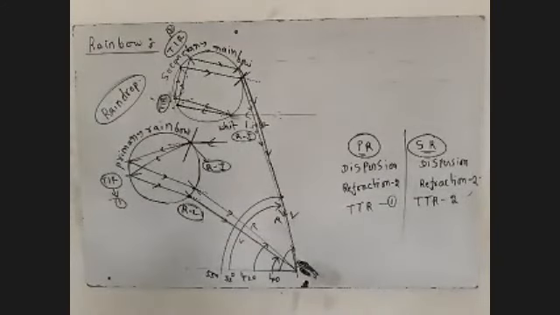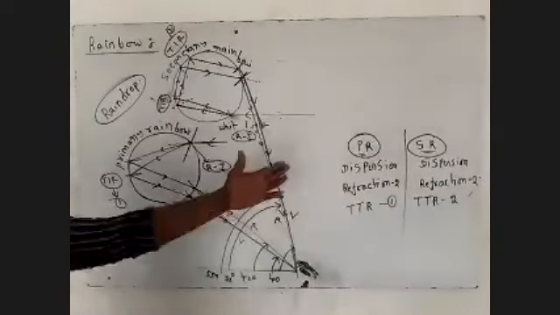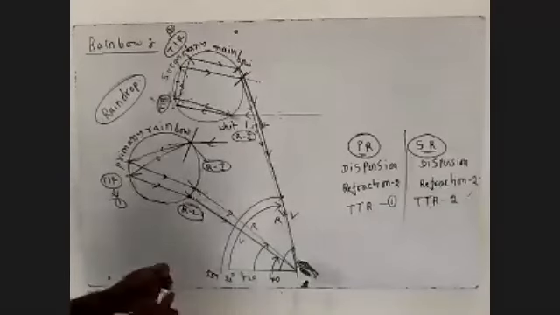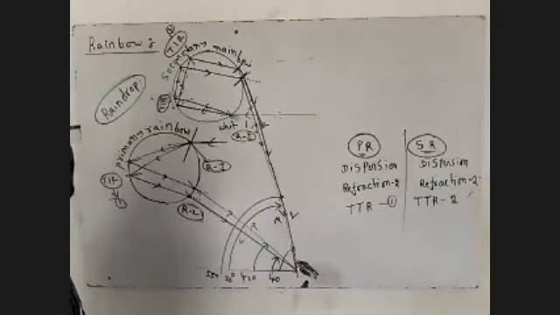Now we'll see the meaning of dispersion. Dispersion of light: white light falls on the plane surface of the prism and splits into 7 colors, VIBGYOR. So white light is a form of 7 colors.